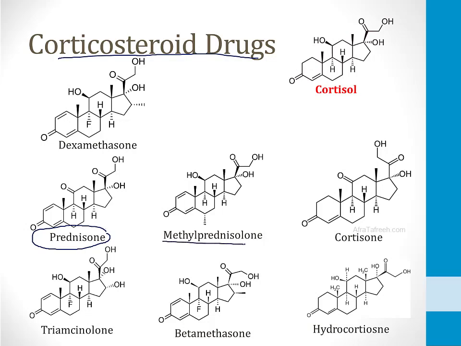Methylprednisolone is an IV version of prednisone, often given in the hospital to patients with severe exacerbations of inflammatory disorders. I've shown some other molecules on the screen that are often prescribed as corticosteroid drugs. These include dexamethasone, cortisone, hydrocortisone, betamethasone, and triamcinolone. Some of them are more effective as creams, so they're used on the skin, but all of them have the same job, which is to mimic the structure of cortisol and therefore suppress the body's immune reaction.